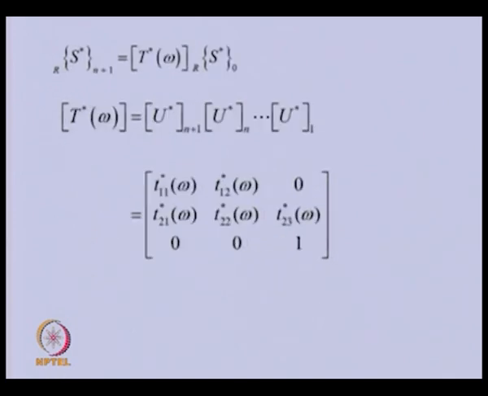Now for a large system, once we have obtained the overall transfer matrix for each part, such transfer matrices get multiplied, and finally the overall transfer matrix will be of this form, which will contain the external torque components.